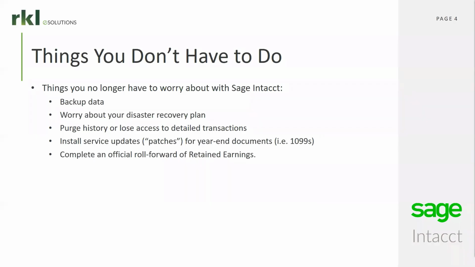Next, purge history and lose access to detailed transactions. You don't have to do that. That is so awesome. All your data is there. I'm going to put a little plug in for our implementation people, who always say that when you're going through your AP bills, we're going to teach you about custom views.